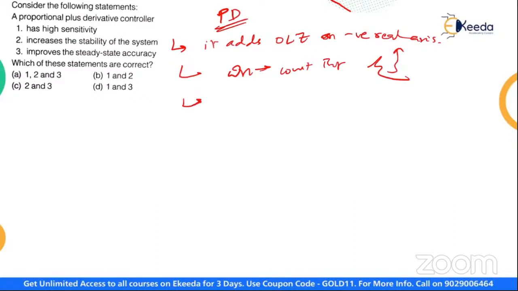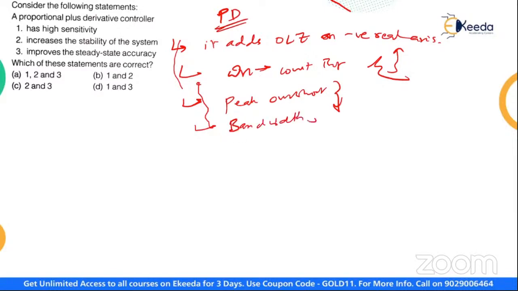Now the third point: peak overshoot decreases. Yes. Now, please observe here. What is the next property? Because the PD controller bandwidth increases.